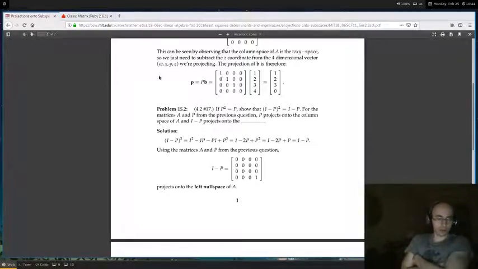The projection will be just the x and y components of your vector, and the z will be discarded. The same thing happened here. We are projecting the four-dimensional vector onto the whole 3D space, and you just remove the coordinates, and that's it.